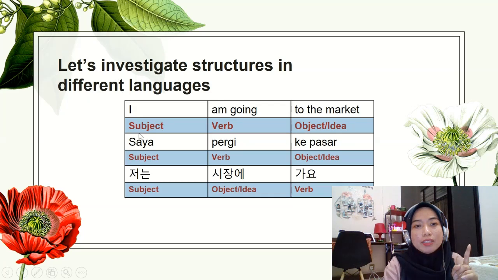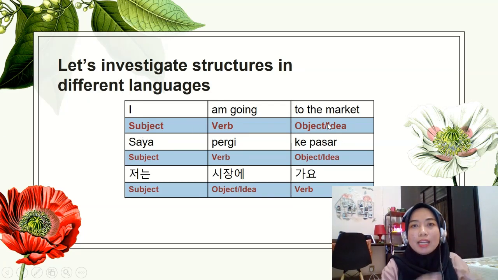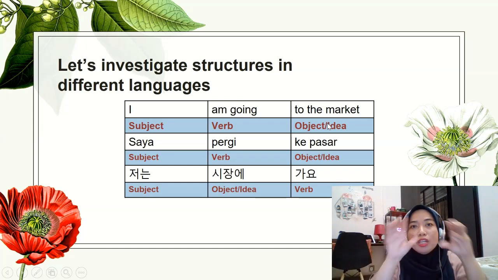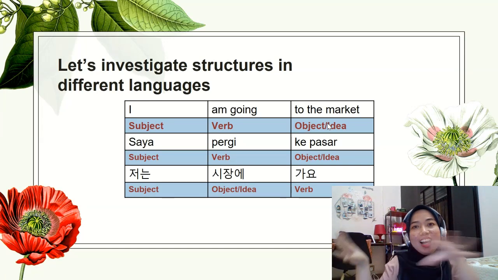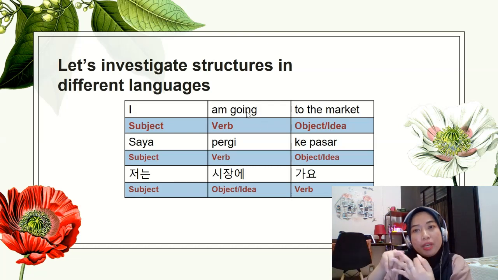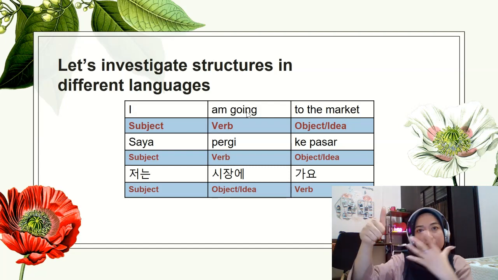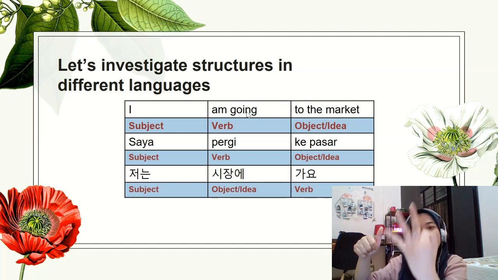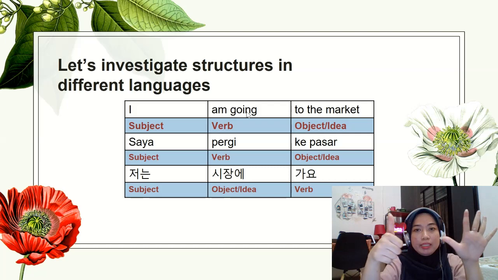We have here a sentence that I have broken down into different components. The first sentence here is, I am going to the market.